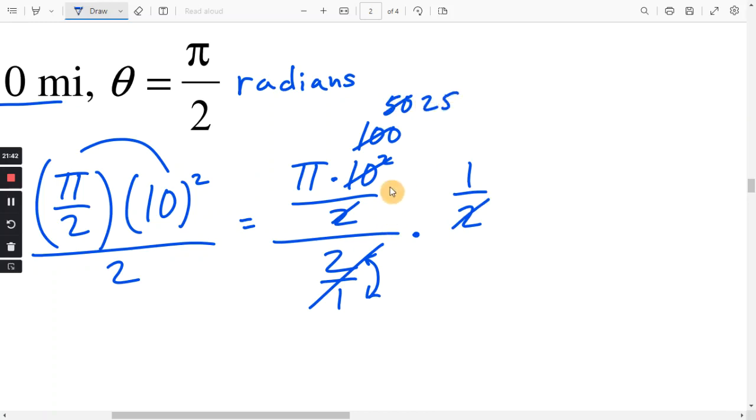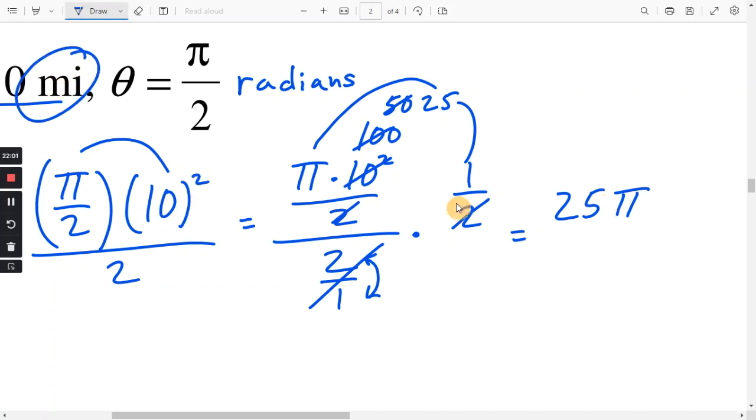So in the numerator, we canceled everything elsewhere, and we're left with pi times 25 times 1. So it's pi times 25, or just 25 pi. Okay, that's the same as 25 times pi. The units were in miles, but the radius gets squared. So that's just going to be miles squared.